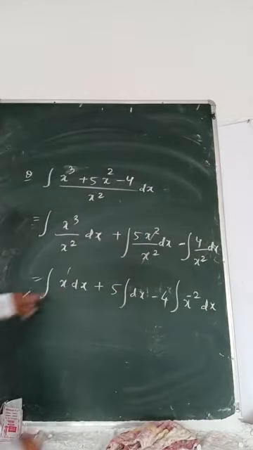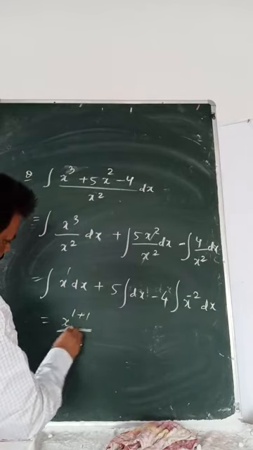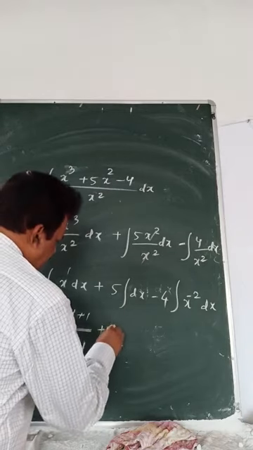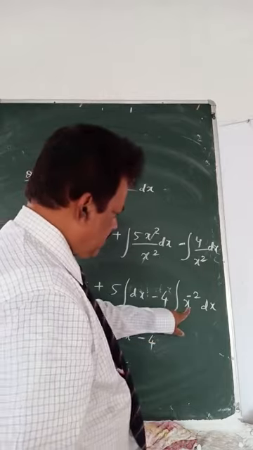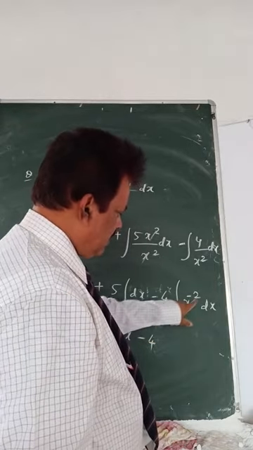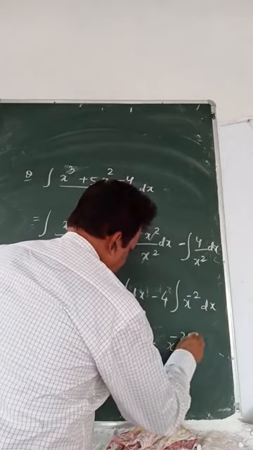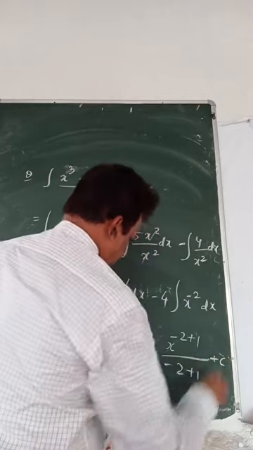So the power is 1, nth formula, x to the power 1 plus 1 by 1 plus 1, plus 5 into x. Again the base is constant, derivative is constant, nth formula. So minus 2 plus 1 by minus 2 plus 1, then a constant.